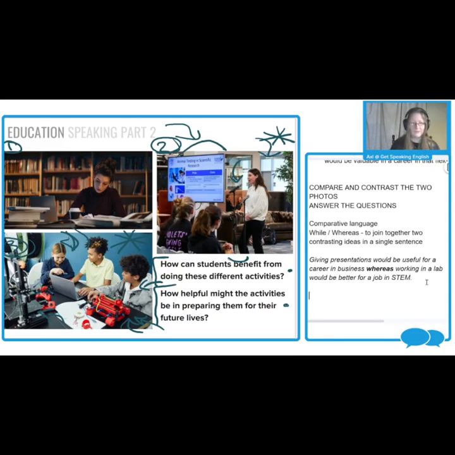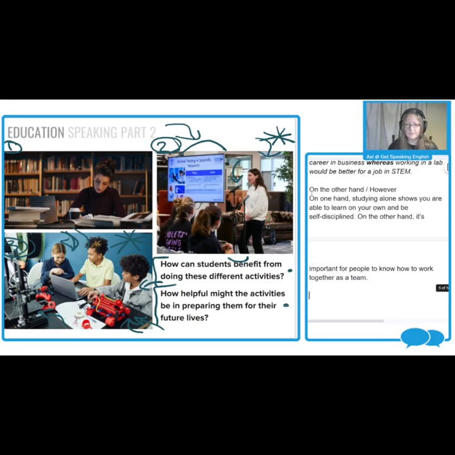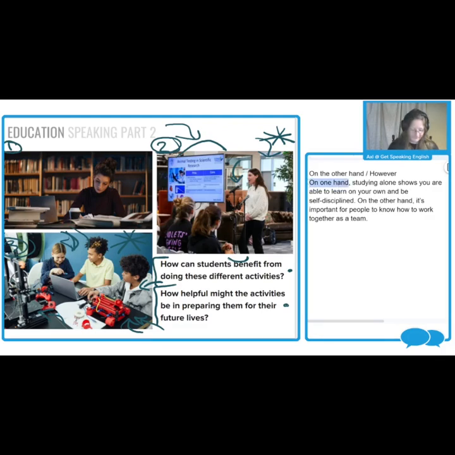And we could also use phrases such as, on the other hand, or however. But these usually work a little bit differently. These are more like when you have two sentences that have contrasting ideas. So, for example, I'll put an example here. So we could say, on one hand, studying alone.